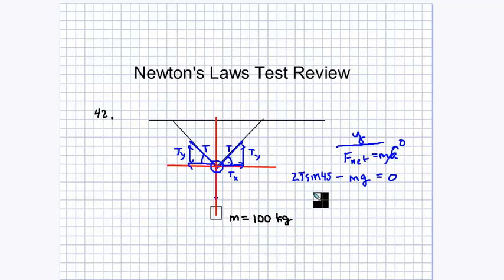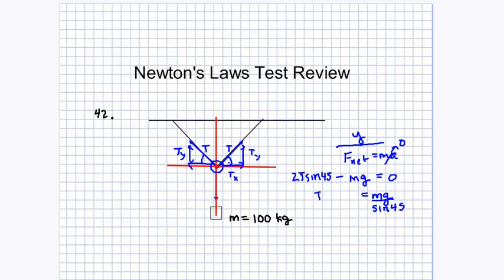And now we're prepared to solve for T. We can move the mg to the other side of the equation, and it will become positive. And then divide both sides by sine 45. And that should describe this T and equivalently that T.